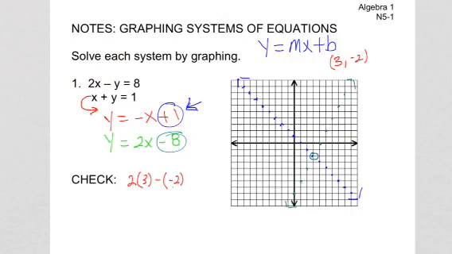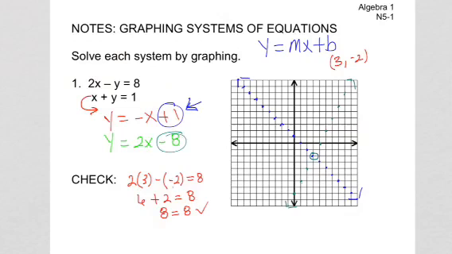Remember, that's minus a negative. That should equal 8. So we see that 2 times 3 is 6. Negative times a negative is positive, and 6 plus 2 gives us 8 equals 8, and that is a true statement.